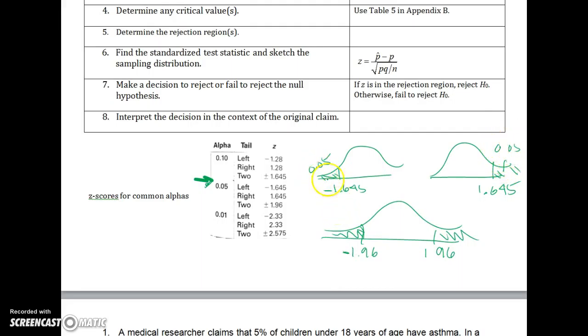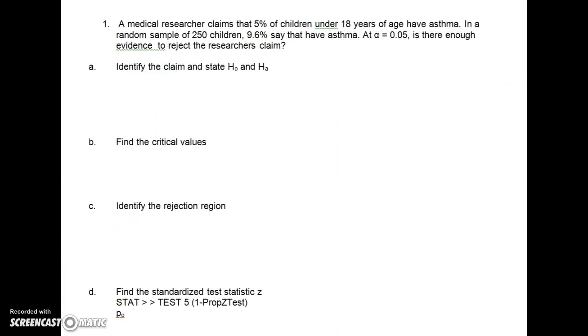Because there's two of them, you split the alpha in half. So half of 0.05, if you were to divide it by 2, you would get 0.025 for this area, and this area would be 0.025. So that's how that works. And these are the common z-scores that we'll be using, so make sure that you have access to them for an assessment, for example.